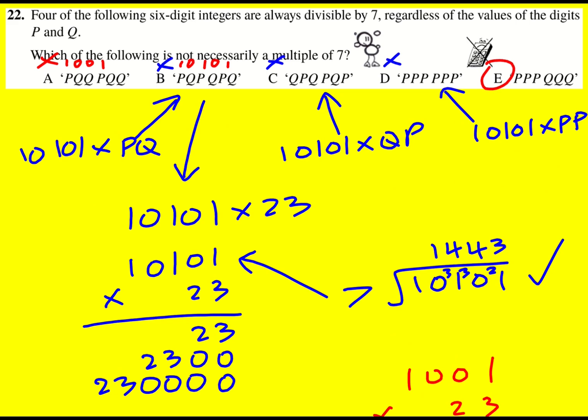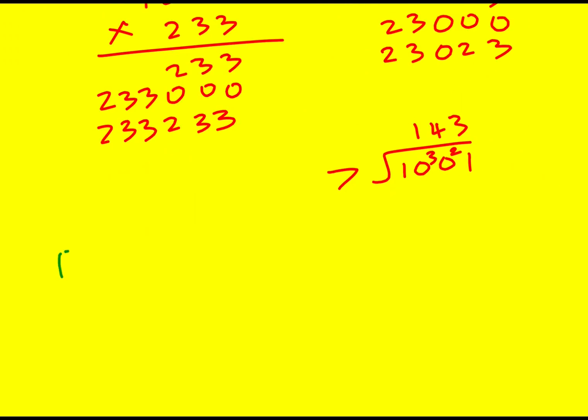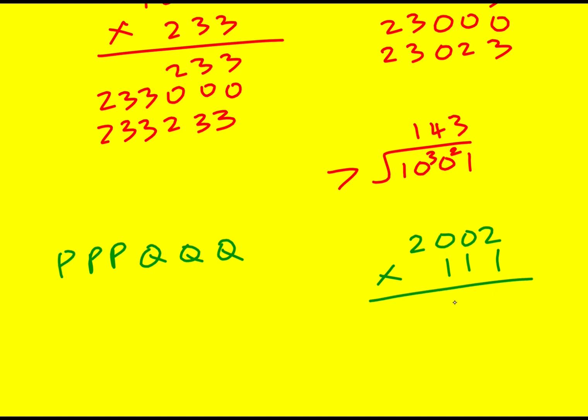That's the answer. Now, maybe you're not convinced by this. Maybe you think you've made a mistake. So let's have a look at PPPQQQ as the last one. Actually, I talked about this before. It must be that 111 goes into this, because 111 is going to go into the first three digits, and then into the second three digits. It's going to be something like 3002 times 111, make the digits different.